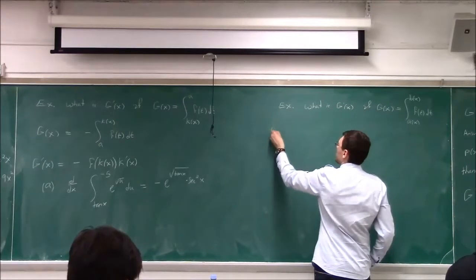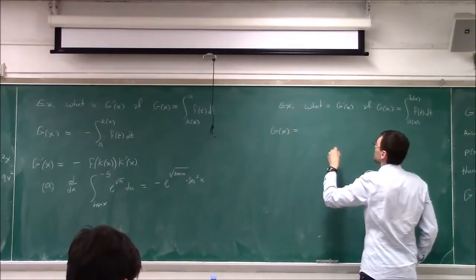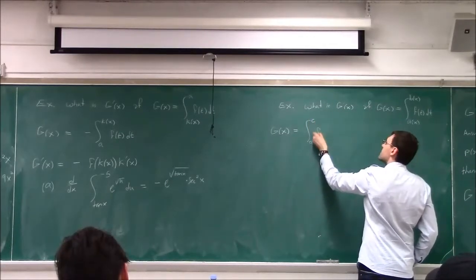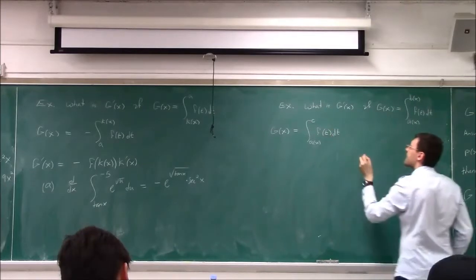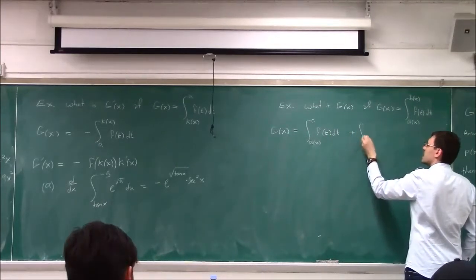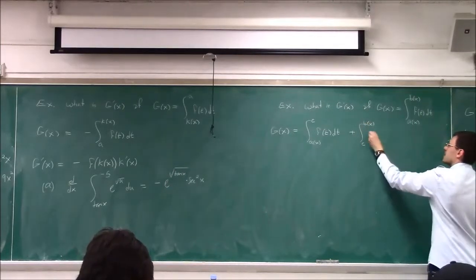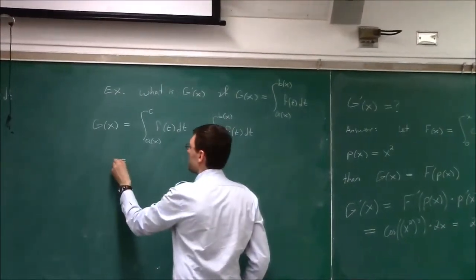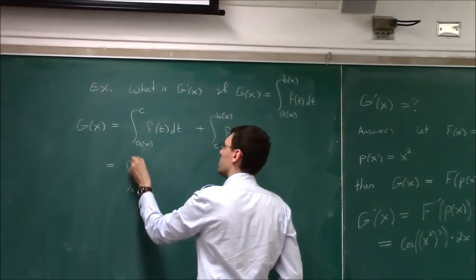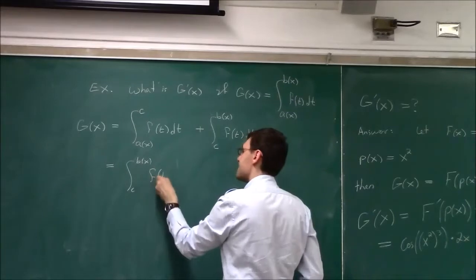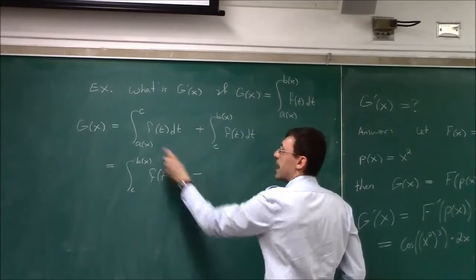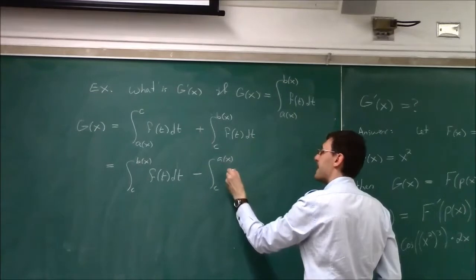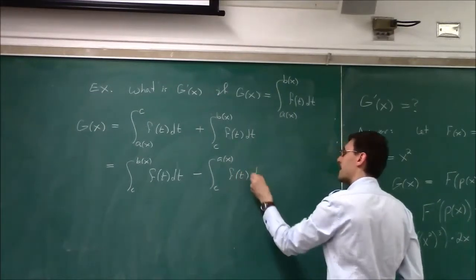So what you can do is observe that g of x can be written as the integral from a of x to some number c of f of t dt plus the integral from c to b of x of f of t dt, which is the same thing as the integral from c to b of x of f of t dt minus, I can switch it so that it's on the top, minus the integral from c to a of x of f of t dt.